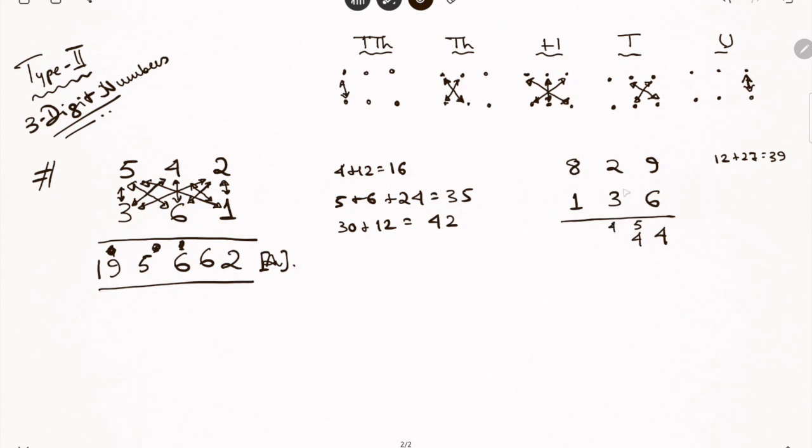For the 100 place digit, we multiply 8 into 6 plus 1 into 9 plus 2 into 3, that gives us 63, plus 4, 67, and we carry 6.